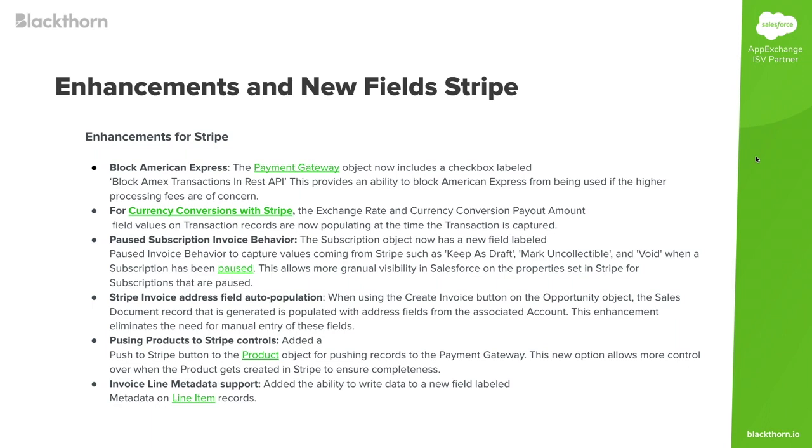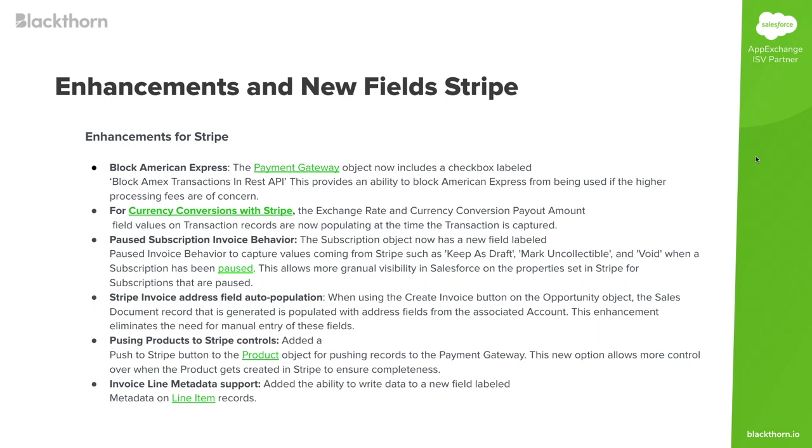We also have improved our currency conversion with Stripe, and not so much improved the functionality. We've supported this for a while, where we bring in the converted amounts if you capture a transaction in a different currency than your bank account settles in. This enhancement is more so around the timing in which we bring in those converted values. So we'll take a look at that.